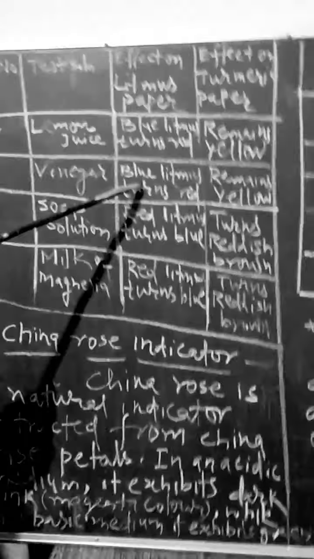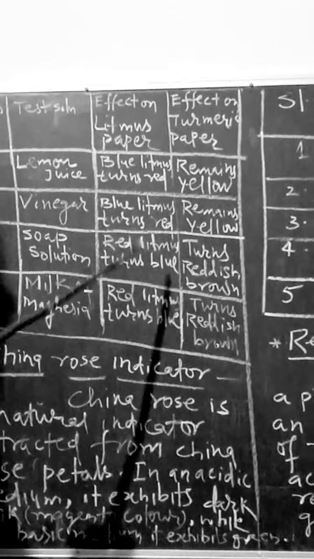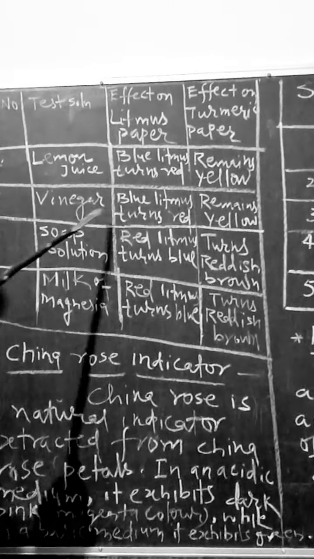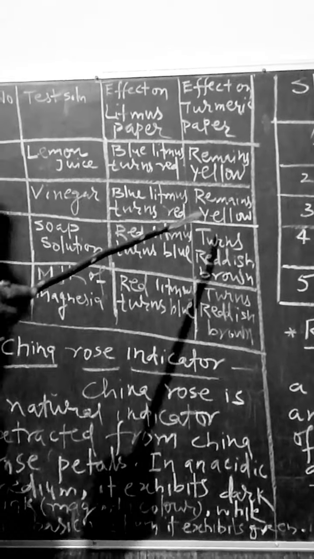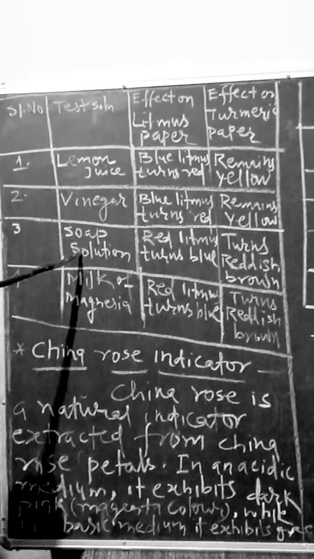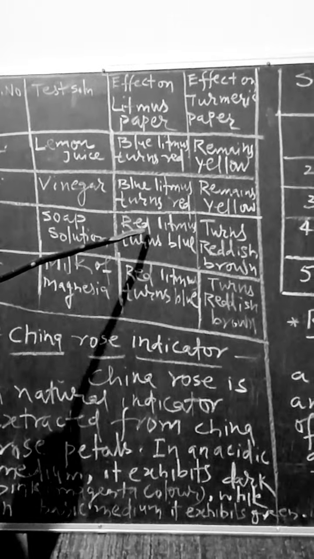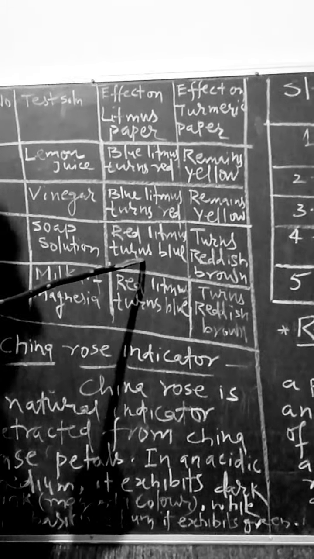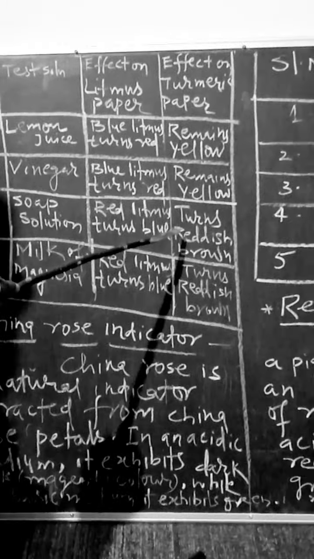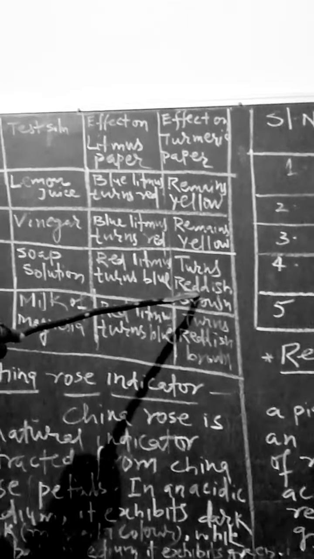Blue litmus paper turns red, and on turmeric paper it remains yellow. Number 3, soap solution. Red litmus paper turns blue, and on turmeric paper it turns reddish brown.